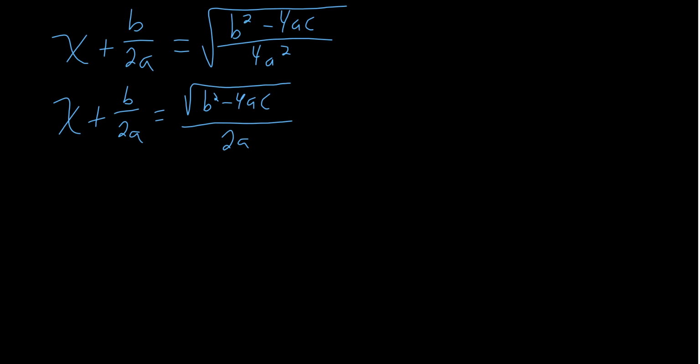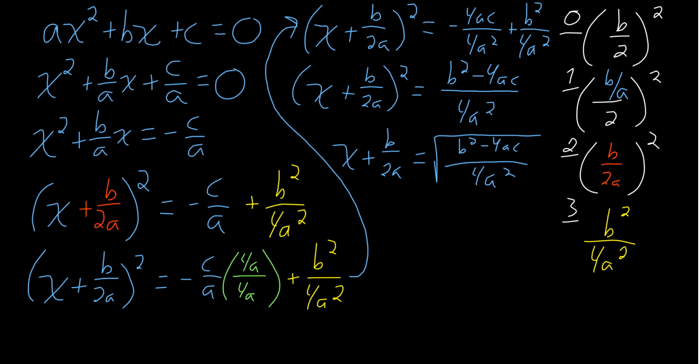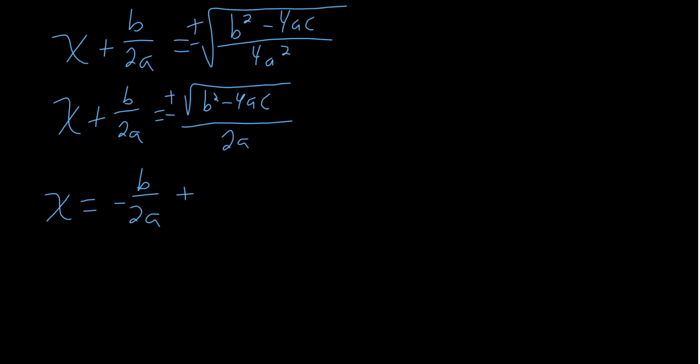Well, I'm going to isolate the x on the left, so I'm going to subtract b over 2a from both sides, so x is equal to minus b over 2a plus or minus. That was an error there. When I took the square root of both sides, I forgot to do the plus or minus there. There we go. Plus or minus the square root of b squared minus 4ac all over 2a.